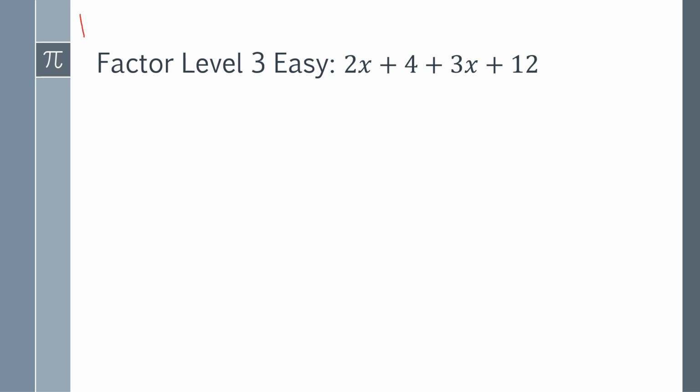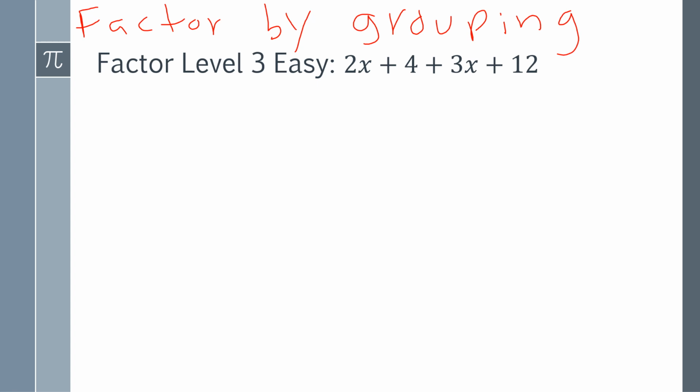All right. So yeah, level 3. This is called factor by grouping multiple parts. So the first thing you want to do, because like you said, you want to group, let's group them in twos.